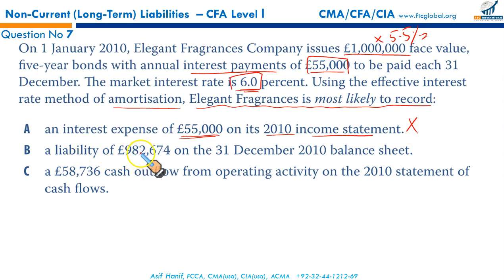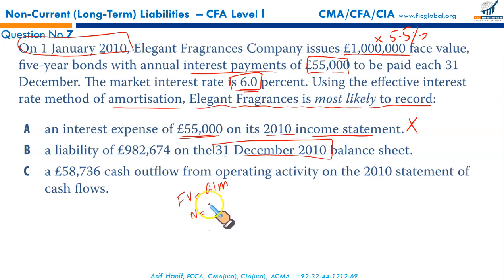The liability of 982,674 on 31st December 2010. Now, gentlemen, this is something that you need to take special care of. We do not need the book value of the bond at the start of the issuance on 1st January 2010. We need the value of the bond at 31st December 2010, which means there are no more 5 periods. There are 4 periods only. One year is gone. So what you're going to write, face value is £1 million.